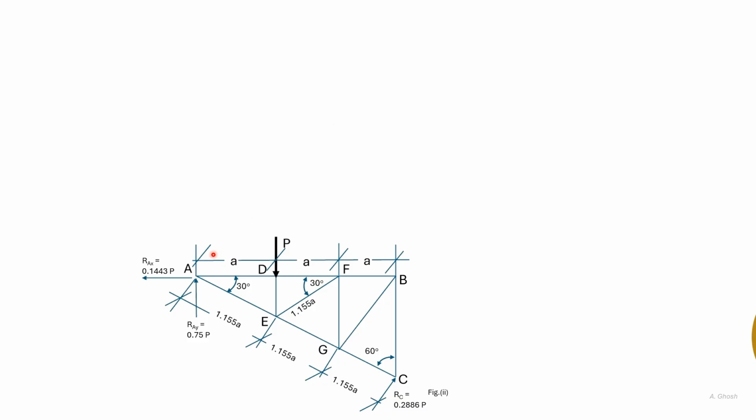That means AE will be in tension and AD will be in compression. With AD in compression, at the joint D, there will be a force acting due to AD pointing towards the joint D. Since we know the force due to AD, there are two unknowns at joint D, and we can solve this joint.